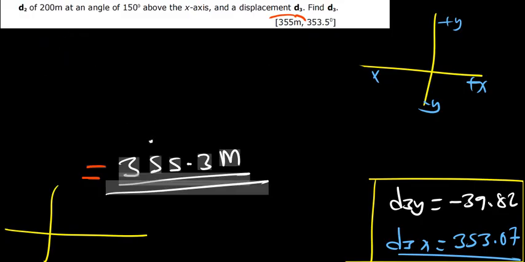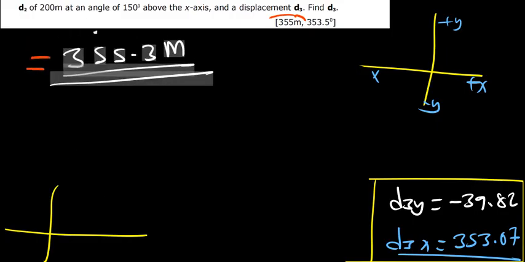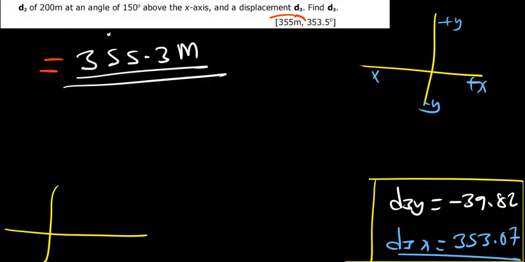So I'll shift this to this part here. I'll say that's my D3. After resolving the x and y components, like in this case we have resolved it, the answers are negative, this is negative, this is positive.